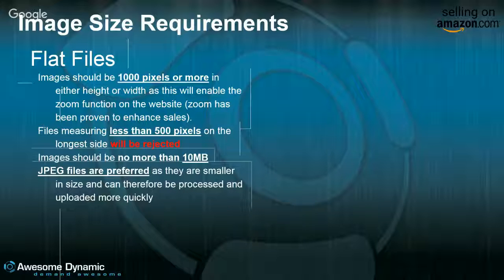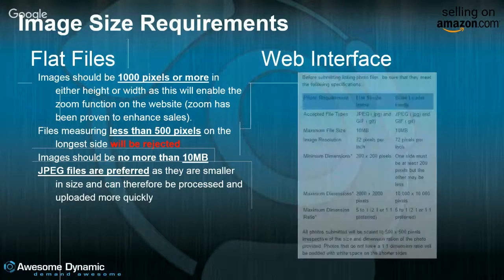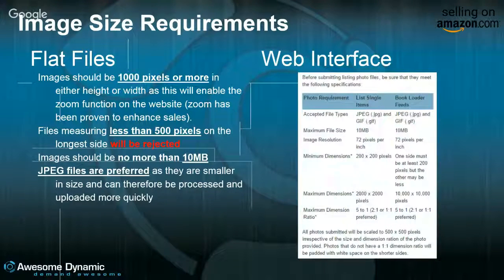All right. So tell us about the web interface. Yeah, so the web interface. Amazon actually makes a nice little chart here to tell you all the details. Now, I don't think many of our viewers are doing books, but we'll concentrate on the single items section here. The minimum dimensions is only 200 by 200 pixels if you're doing any images, and maximum dimensions is 2000 by 2000.